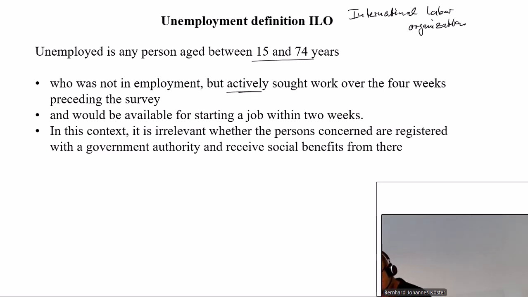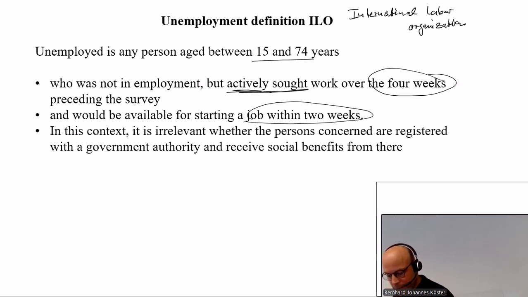Also, you have to actively search for work, and here over 4 years it should have been, you should have been looking for work, and you should be available within 2 weeks. And now this is the important difference.